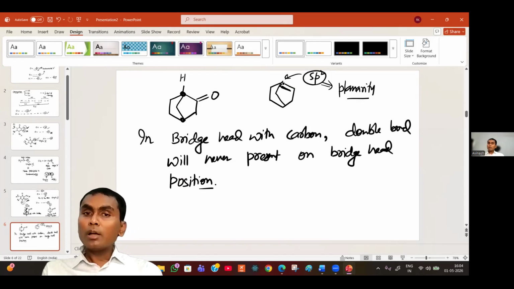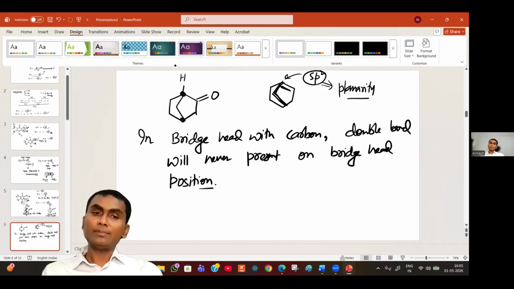Planarity means the system goes in the same plane, but here this one is out of plane, and this bond breaks down due to strain. Strain breaks down the system, and the system vanishes. So here sp2 hybridization on bridgehead is never possible. If a double bond is present, then it will vanish, it will break down. So here a double bond is not possible.